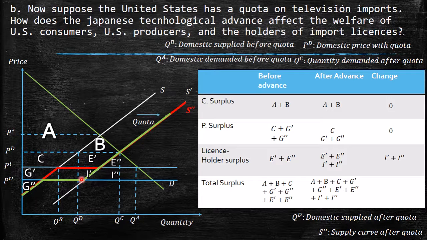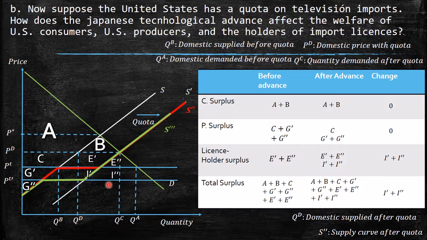So all this triangle, which is E prime and E2 prime, is going to be the new license holder surplus. So this is going to be increased by E prime and E2 prime. So as a change, you will see how this is going to be increased. But it is important to take into account that when there is a tax, there is a deadweight loss.